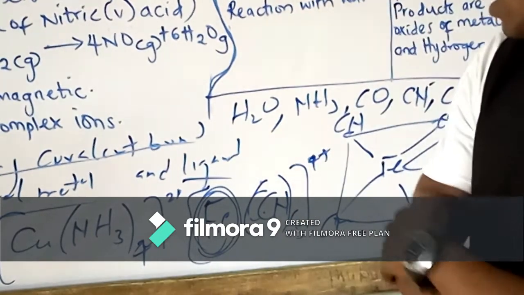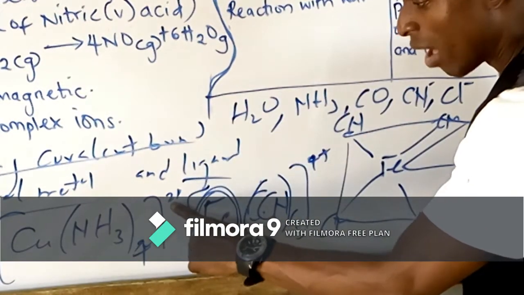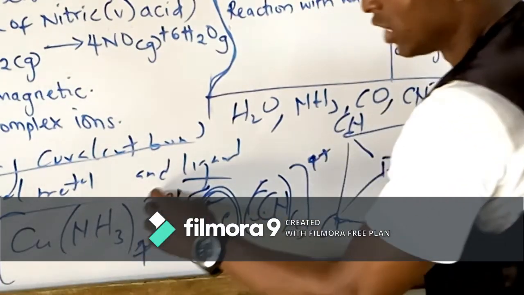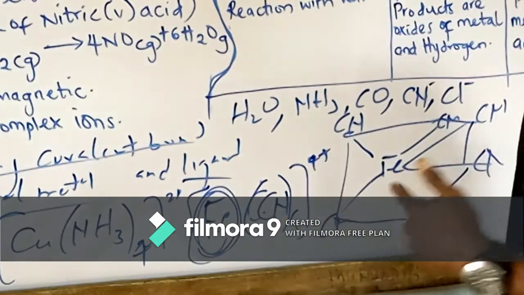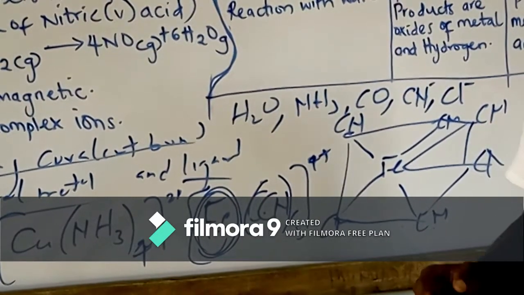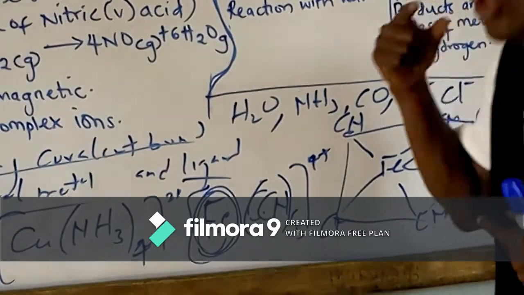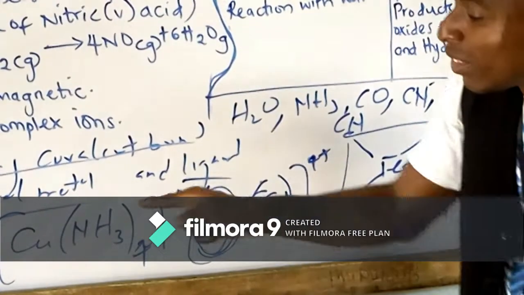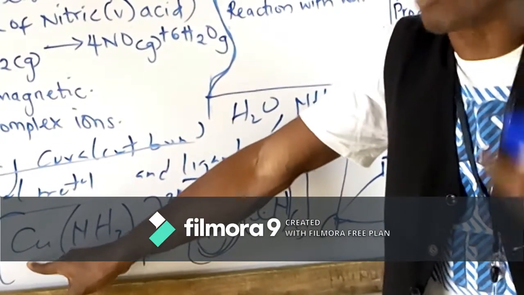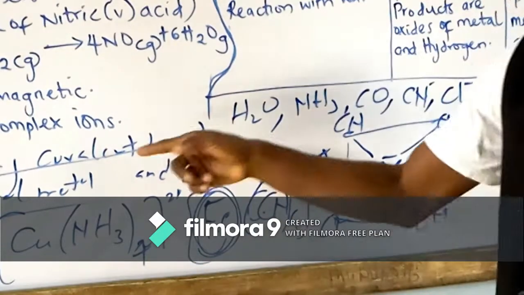Now, take note, this number that we have on this complex is called the coordination number. It just shows us the number of the centrally bonded atoms found in the complex.